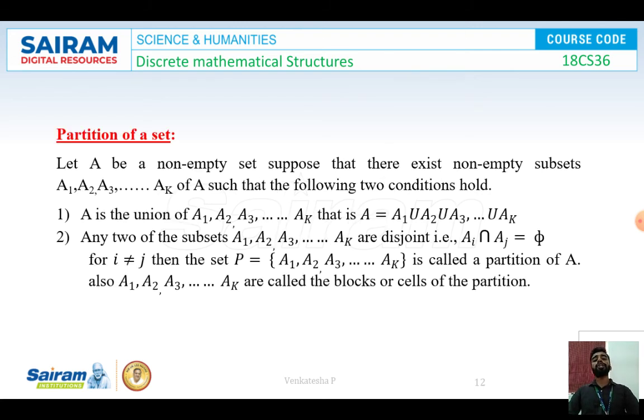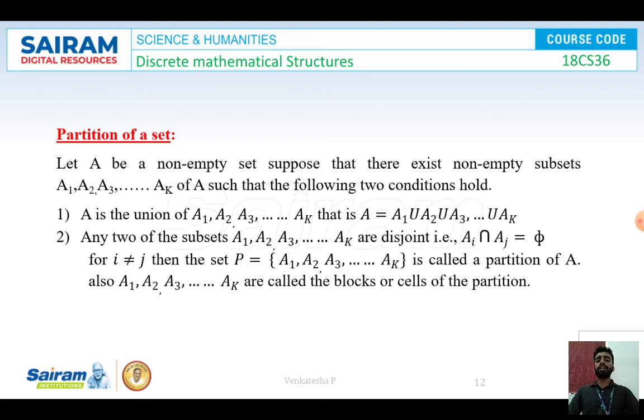So this is the partition of a set. To define the partition of a set, I'll take a non-empty set A, and it contains some subsets like A1, A2, A3, up to Ak. To say that this is a partition of the set, it must satisfy the following conditions. The first condition is that A is the union of A1, A2, A3, up to Ak, that is, A equals A1 union A2 union A3 up to union Ak.